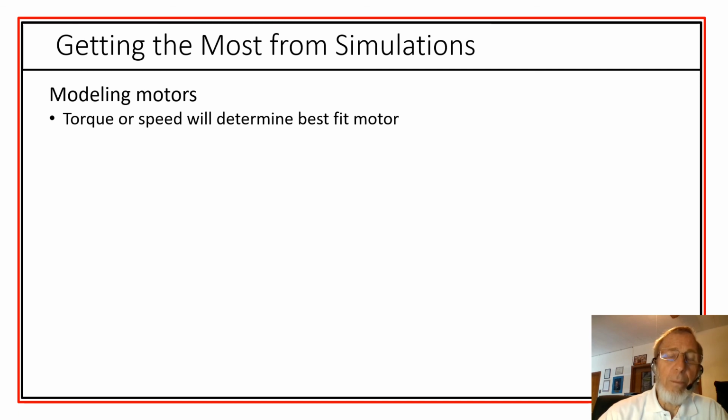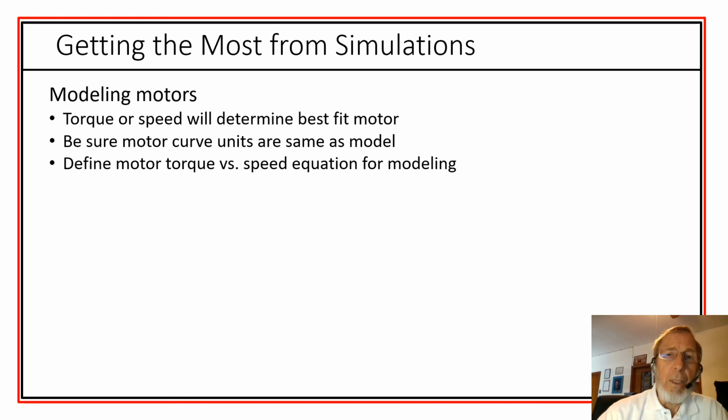And so the combination of torque and speed will help us figure out what's best. We have to be sure that in our simulations we have our motor curves in the same units as we're going to use in our modeling. We want to define the motor curve in terms of an equation so that it can easily fit into a spreadsheet.